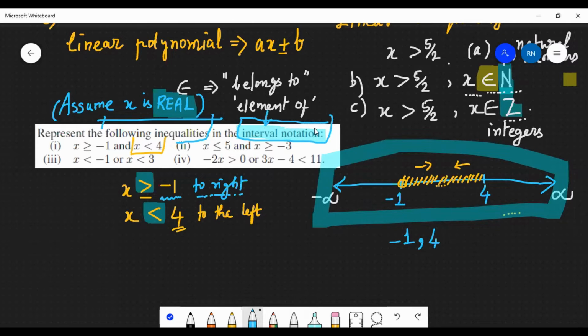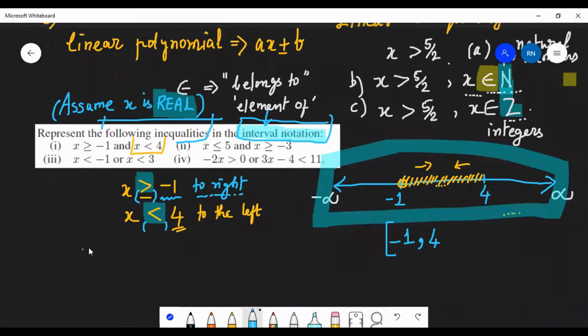interval notation. Now there is a small difference between the equal to symbol present at -1 and the equal to symbol not present at 4. If the equal to symbol is present, you write a square bracket.